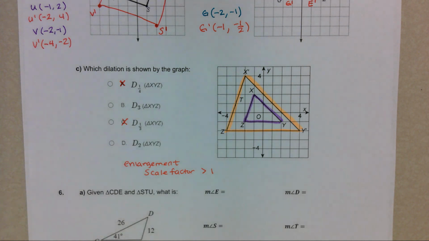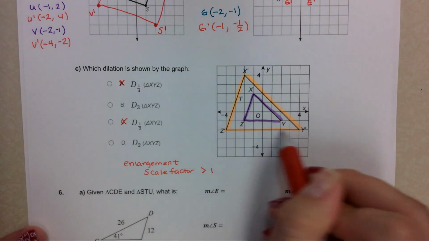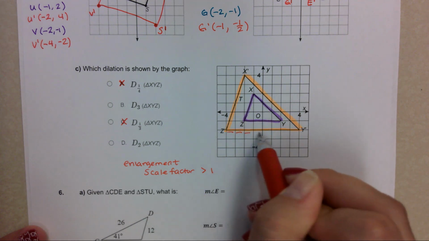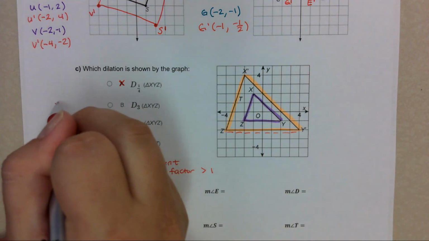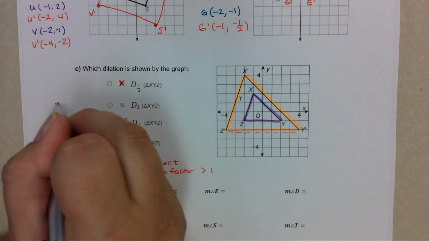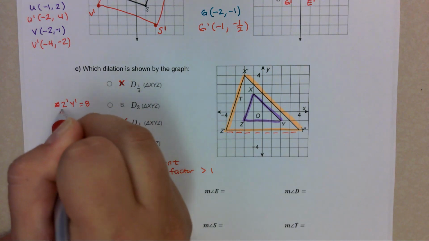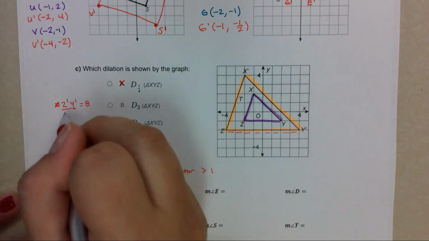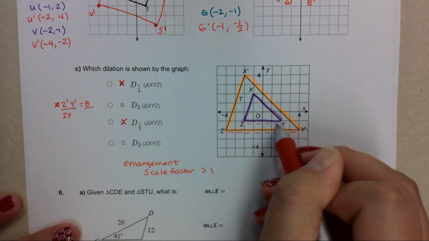Well, let's get the side length of the image, the new one. I'm going to pick this horizontal side because it's easy to count. 1, 2, 3, 4, 5, 6, 7, 8. So that's Z prime, Y prime is 8 over the pre-image, ZY, which is 1, 2, 3, 4.